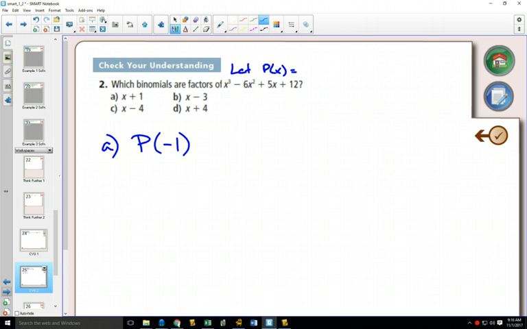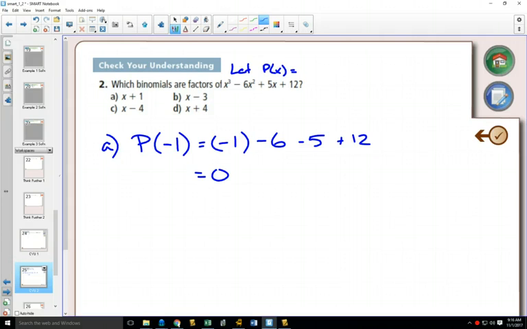When the numbers get bigger, like the 3, the 4, and the 4, I'm probably going to use synthetic division, because I don't want to do 4 cubed and write 64 and do all those big numbers mental math-wise. But for negative 1 cubed, that's going to be negative 1. Negative 1 squared is positive 1 times a negative 6. That's negative 6. 5 times negative 1, negative 5, plus 12. And when we add all these together, we get 0.